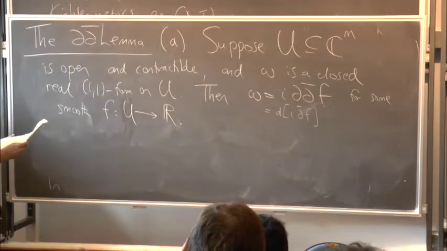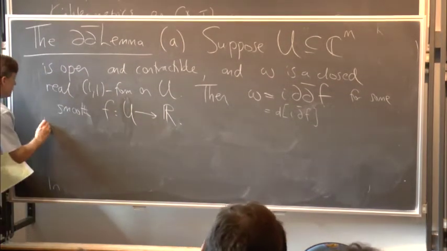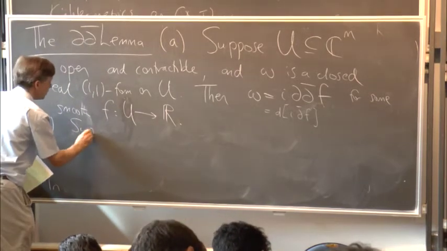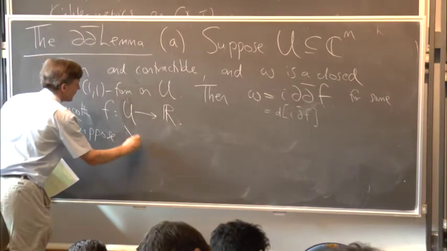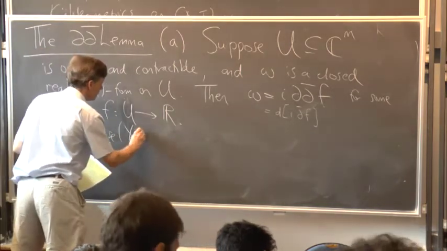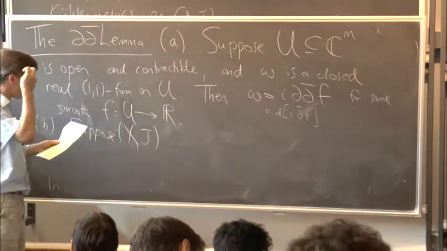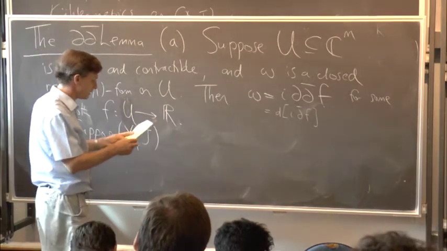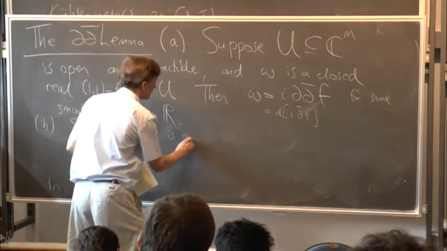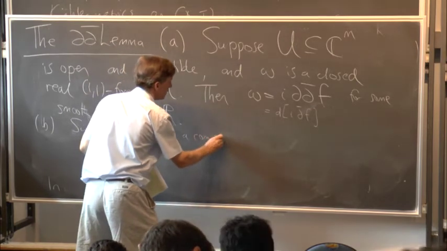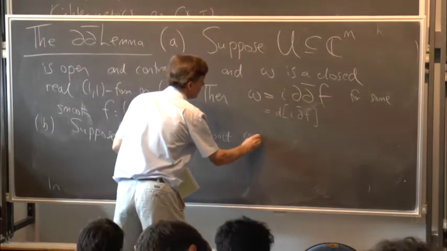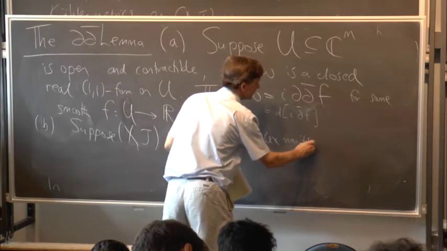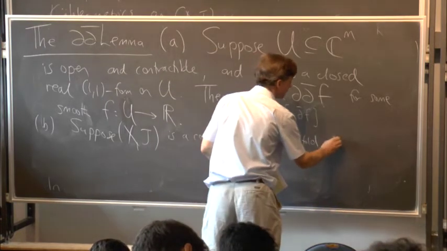There's also a global version of this, B. Now let's suppose (X, J), well, really I want to say a compact Kähler manifold, but it's better to say, is a compact complex manifold admitting Kähler metrics.